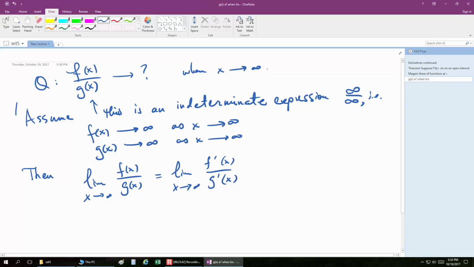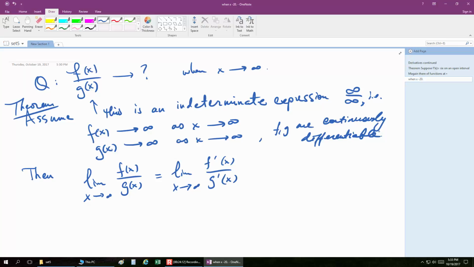That's a theorem which is called L'Hopital's rule, where f and g are continuously differentiable. Okay, so that is the conclusion.